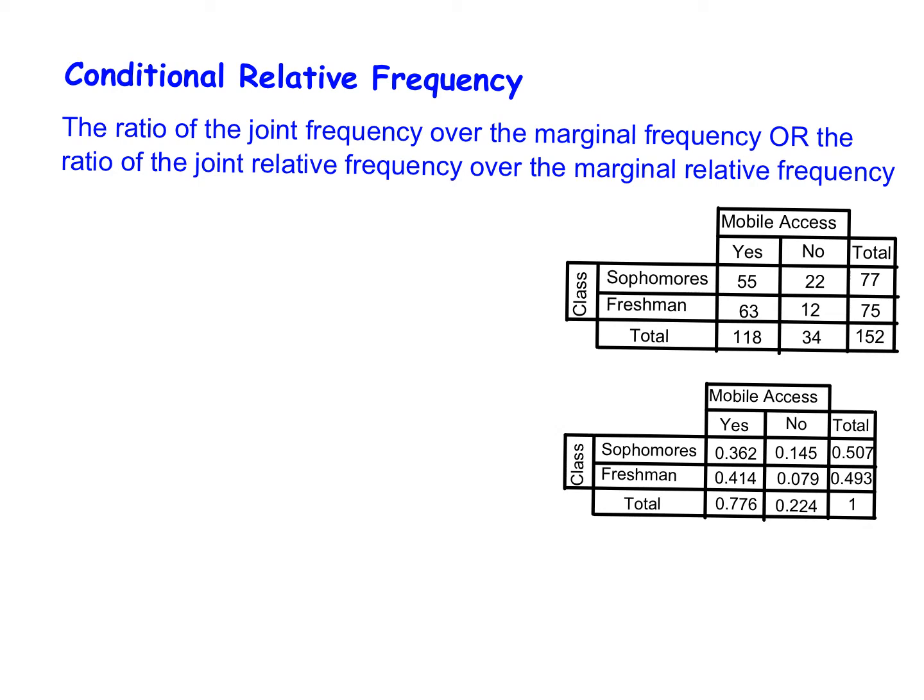So, for example, say that we're given a situation where it says, given that we know that the student has mobile access. So we know that this category is happening. Given that the student has mobile access, that's our condition that is being met.